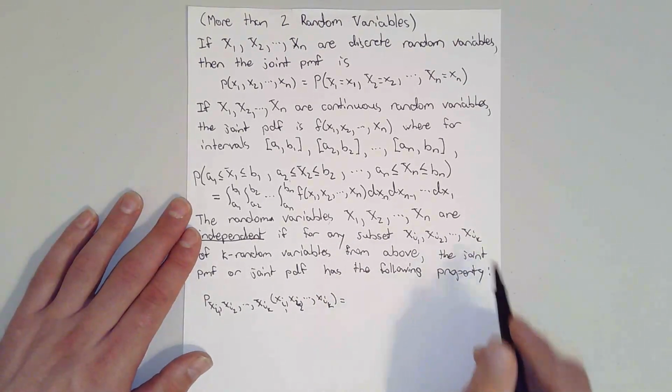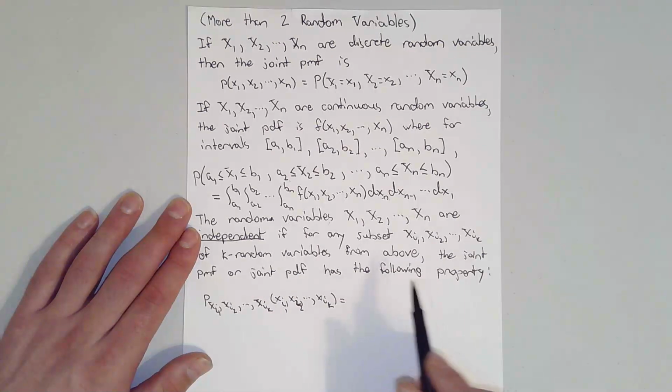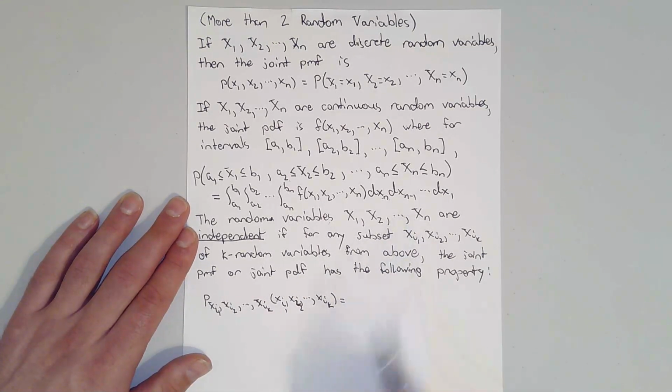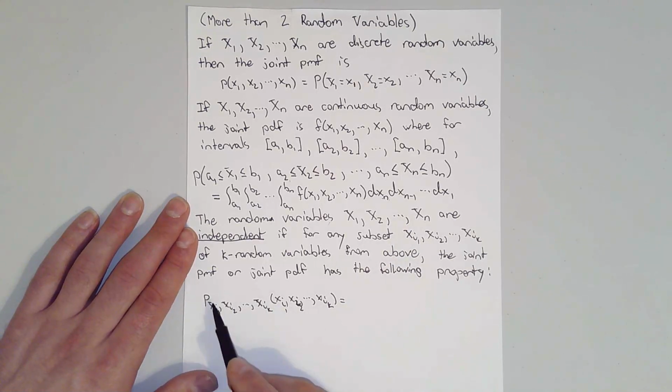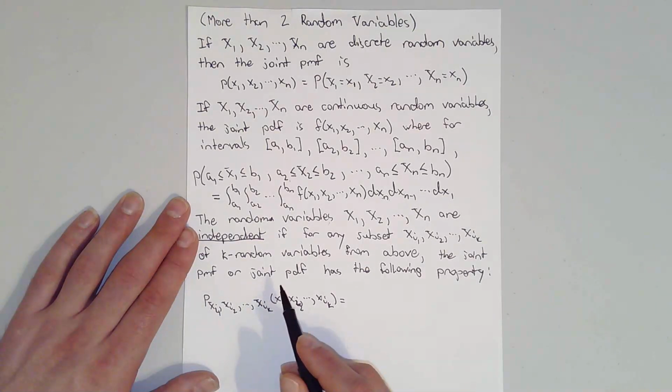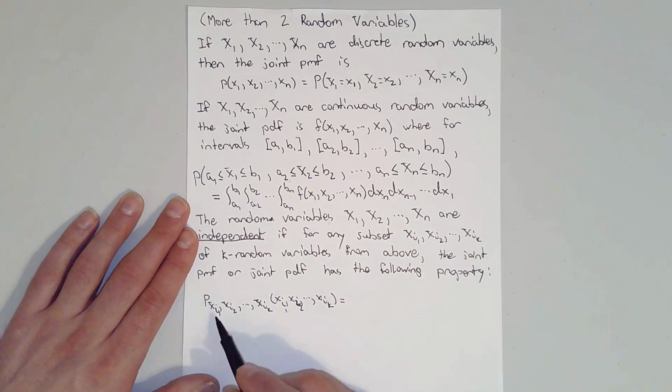The joint PMF or joint PDF, depending on if these random variables are discrete or continuous, is denoted by the following. So we'll do the joint PMF, and I'm denoting this by p sub x sub i_1, comma, x sub i_2, all the way out to x sub i_k, to indicate that this is the joint probability mass function of these k random variables.